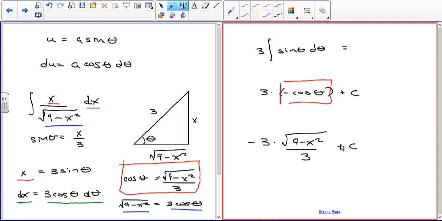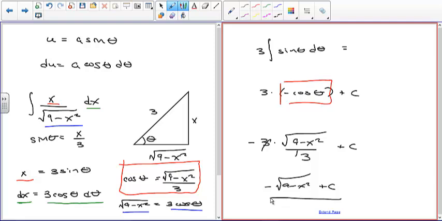You see the 3's cancel out, and I get negative the square root of 9 minus x squared plus c. And there's your answer, which is what we would have gotten if we had just used u substitution. The reason we got the negative sign was because we had 9 minus x squared. But we have done that quite a few times, including tests.